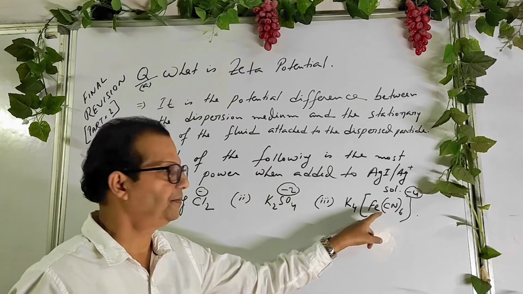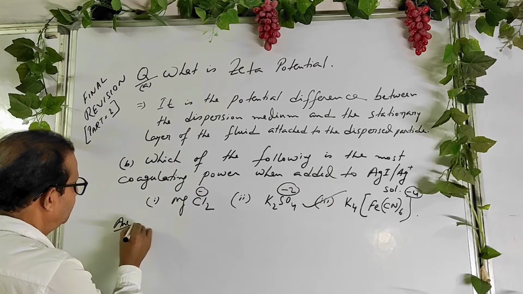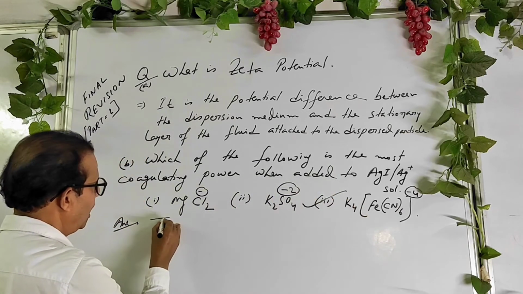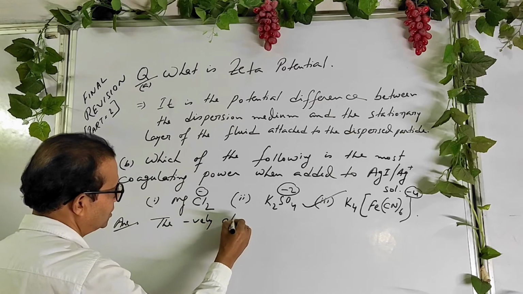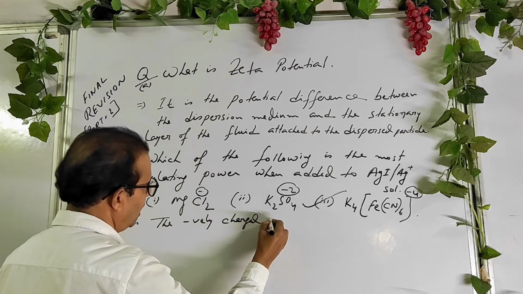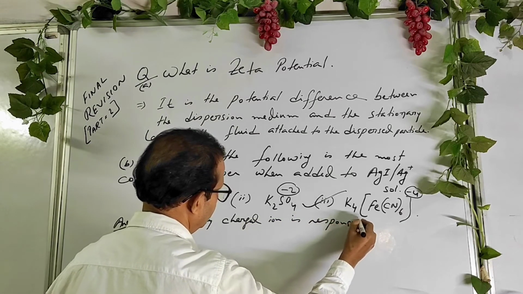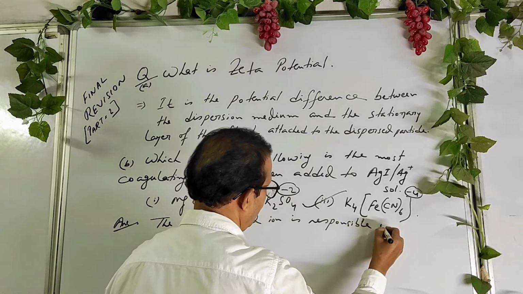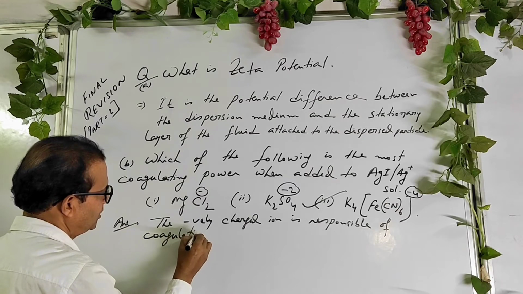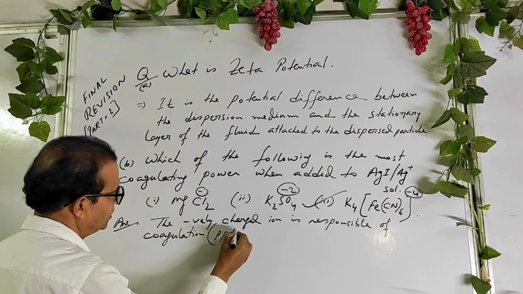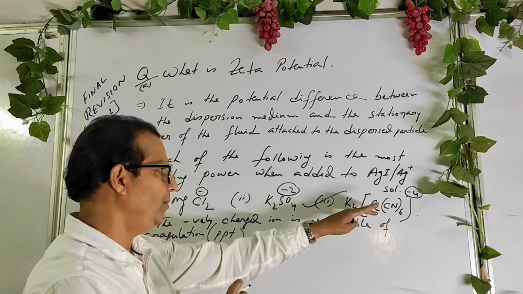So this is the answer, highest. So the answer is: the negatively charged ion is responsible for coagulation, that is precipitation. Greater the charge on the ion, more will be the coagulating power.